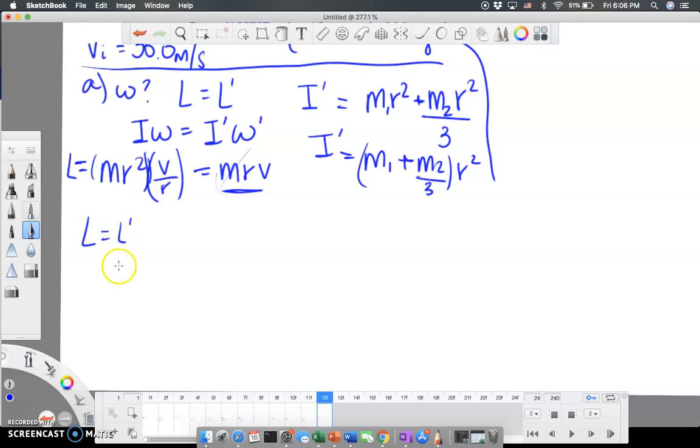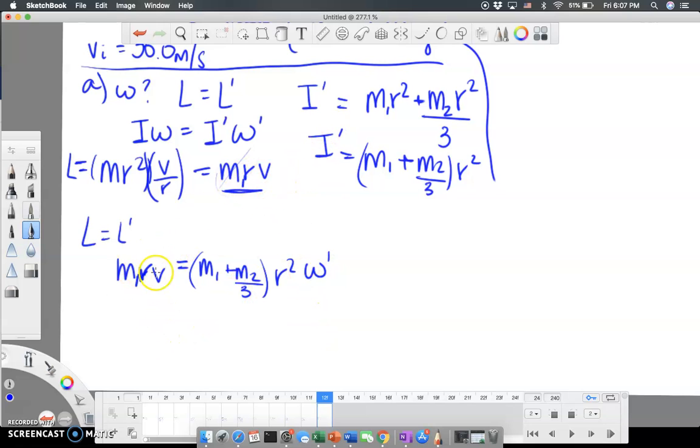So it's going to be m r times V, and that m is mass 1, I should note, the mass of the disk. That should equal I prime, which is m1 plus m2 over 3 times r squared, times our omega prime.